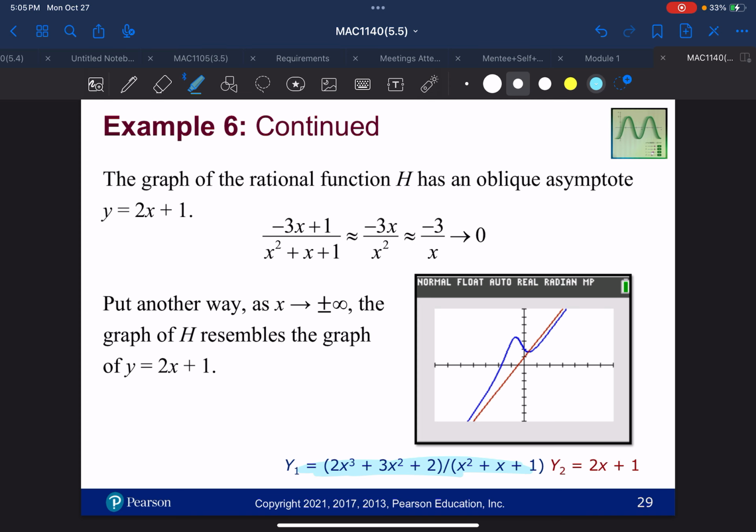So you can see that as x goes towards the right, these are going to start getting really close to each other, and as it goes to the left towards negative infinity, those endpoints will start getting close to each other. So as x goes off in the positive or negative direction, this graph will go towards that line 2x plus 1. That is what this says.